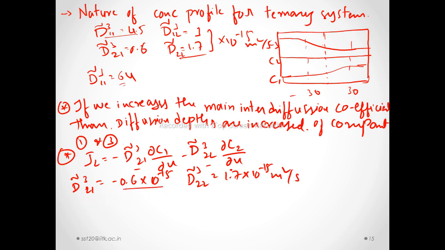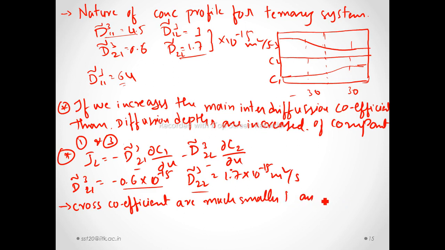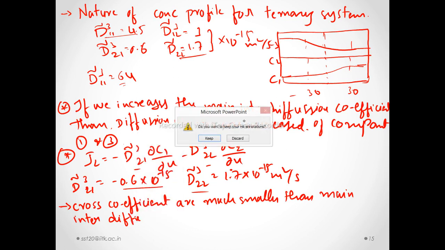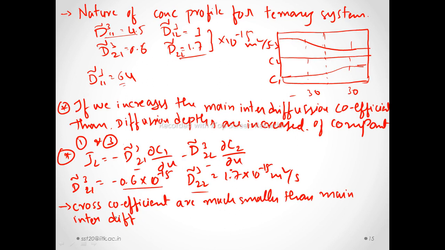So here we can see this is a cross coefficient, this is a main coefficient. The cross coefficient is smaller than the main interdiffusion coefficient.